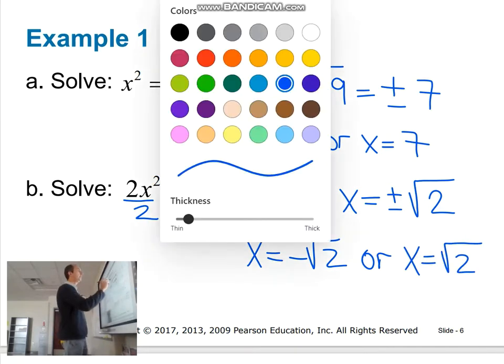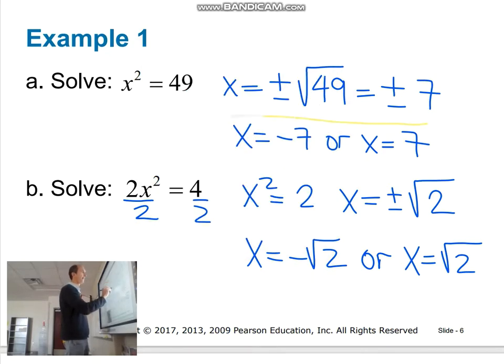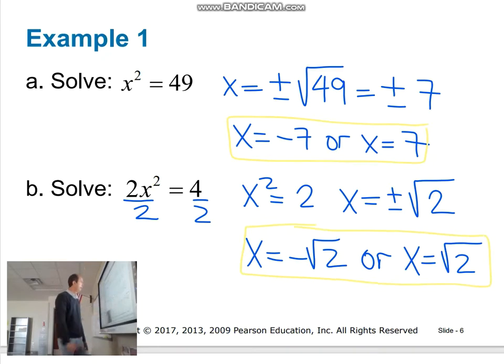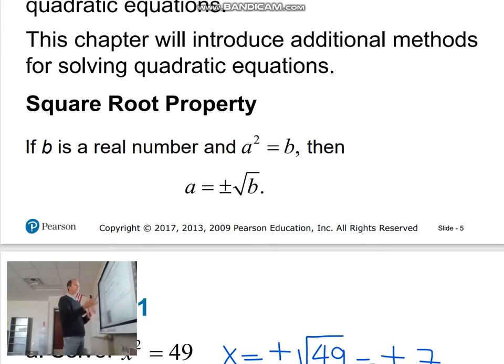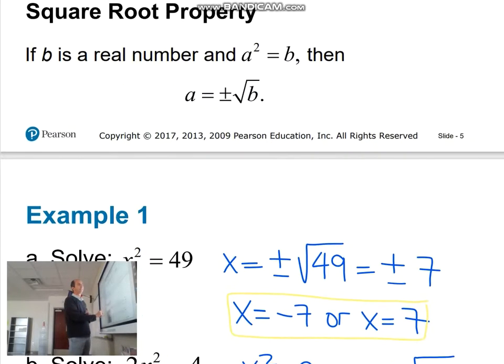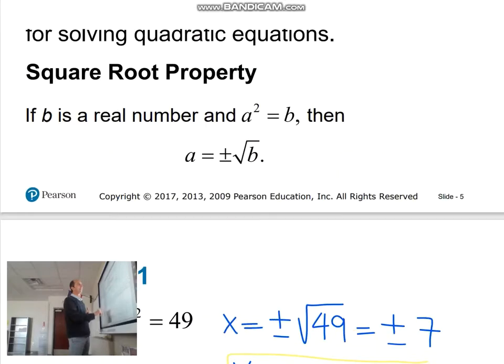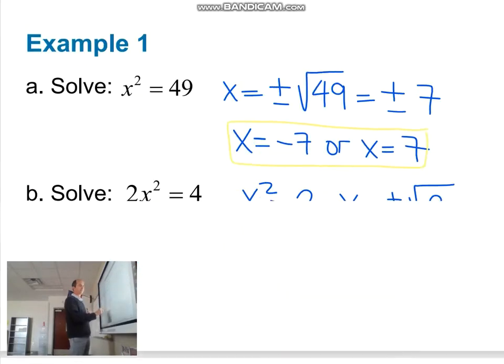Those are the answers. Okay, so remember about this property, about this definition of square root, that a number is going to have a positive square root and a negative square root, as long as it is different from 0, it's not a negative number, and this rule applies.